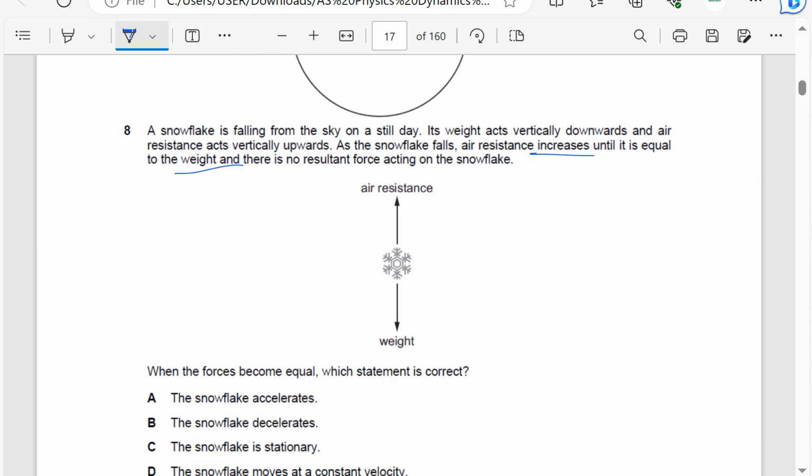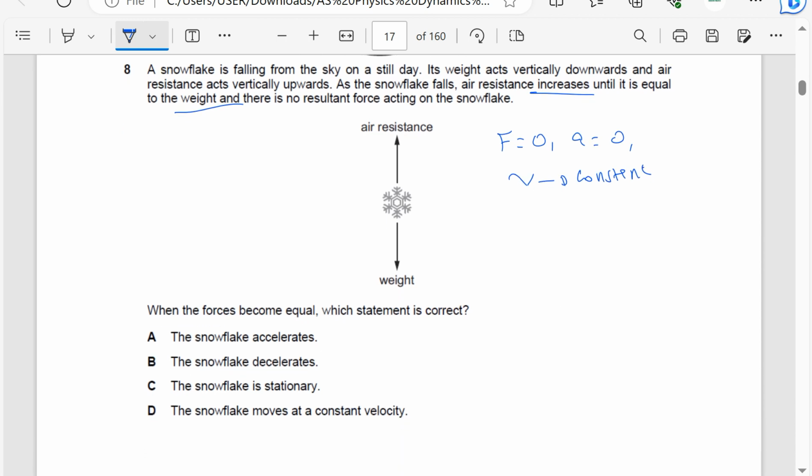When the forces become equal, which statement is correct? Of course, when the forces become equal, the resultant force is 0, the acceleration is 0, the velocity becomes constant. That is what we call terminal velocity. So that means the answer is going to be D. The snowflake moves at a constant velocity when there is no resultant force.